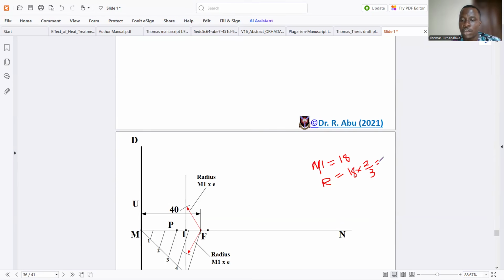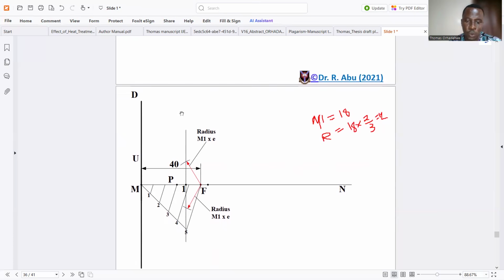So in other words, you are going to use 12. Just a case, not that you are going to use 12. But based on this case, assuming M1 is 18, the radius will be 18 times 2/3, which is the eccentricity. And that will give us 12. So from F now, you open your compass to 12 and you cut the line of point 1.